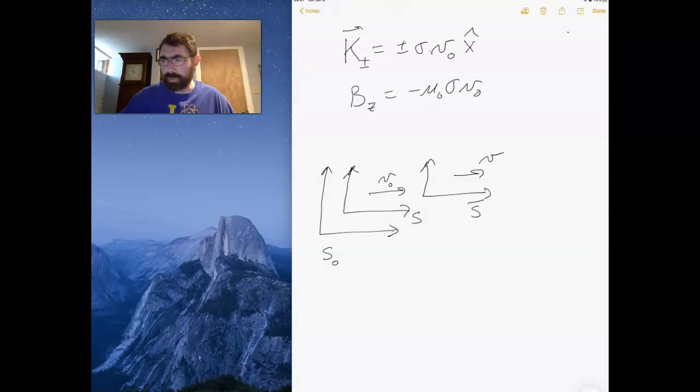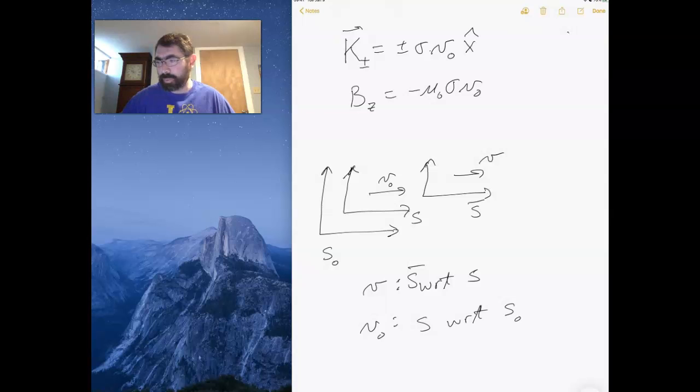So S bar is with respect to S; v is measured against S, and v0 is S with respect to the capacitor's rest frame S0. So we're kind of stacking them up as we go.